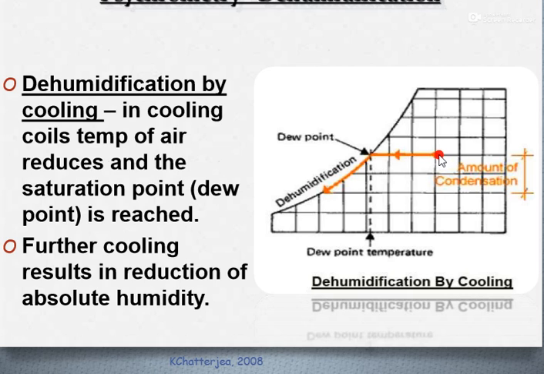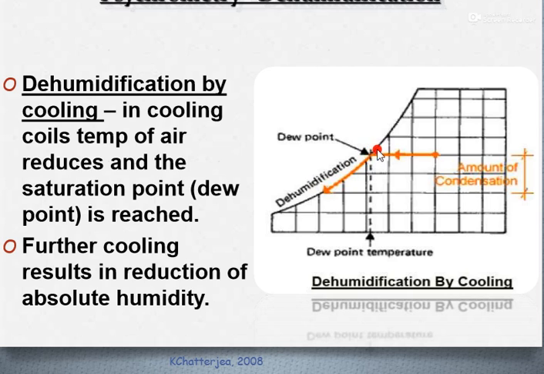In the cooling process dry bulb temperature is decreased, and since the dehumidification process is also taking place, when it attains the dew point temperature, which is denoted at this saturation curve, moisture starts condensing.